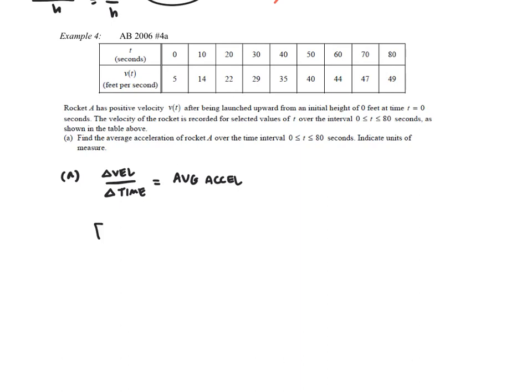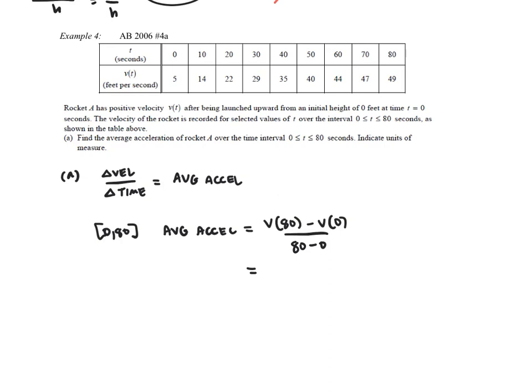So on the interval from 0 to 80, the average acceleration will equal the velocity at 80 seconds minus the velocity at 0 seconds over 80 minus 0. So that's change in velocity over change in time.